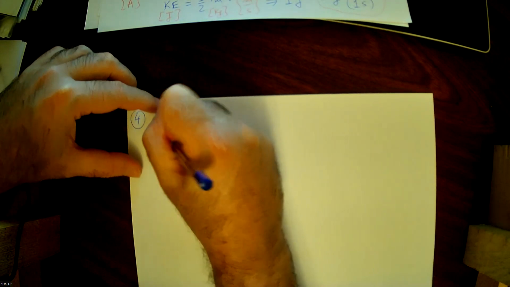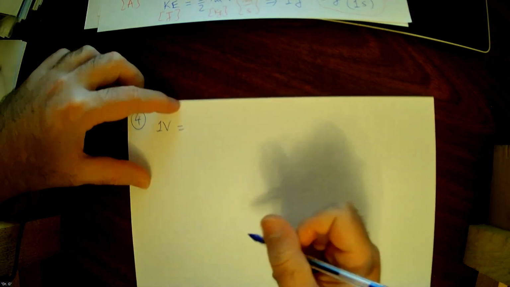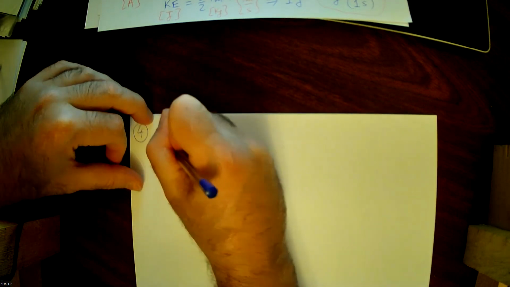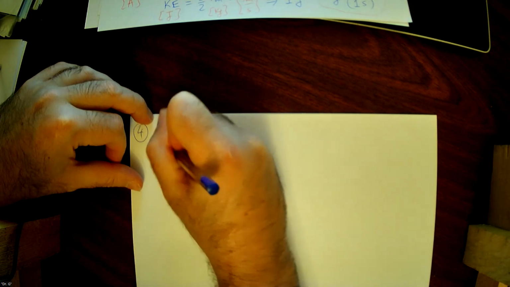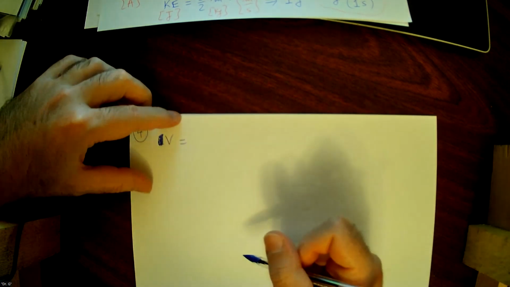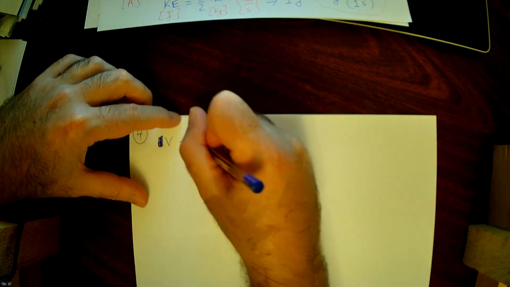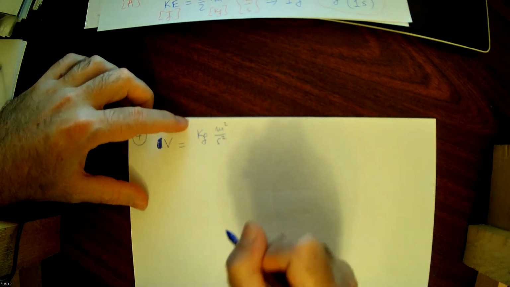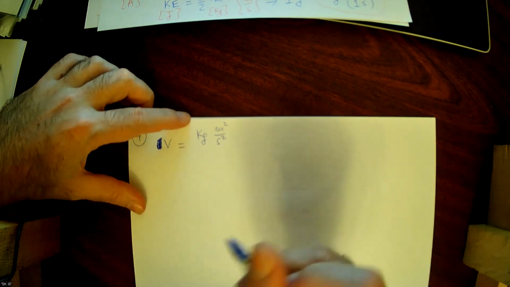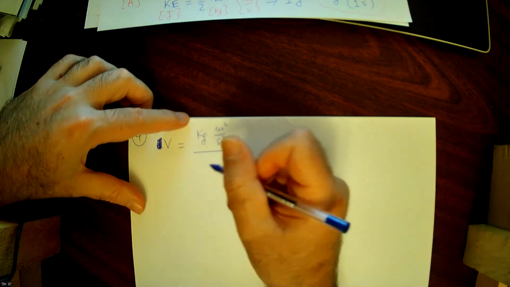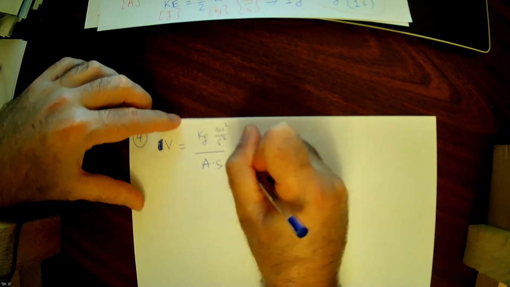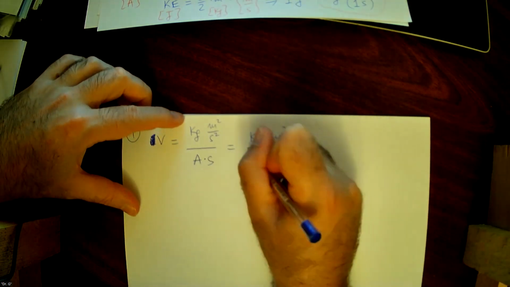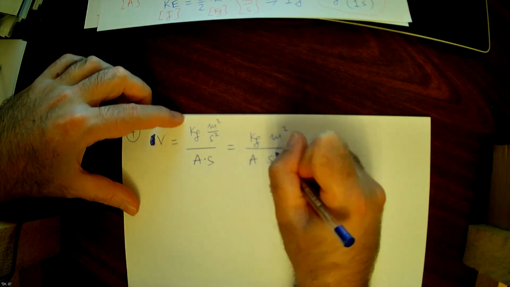So 1 volt is equal to, let's see, forget about the 1, just volt. Kilogram meter squared over second squared over amp times second. This is kilogram meter squared over amp second to the third power.